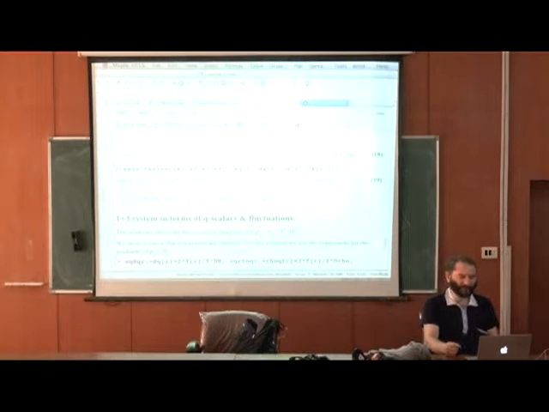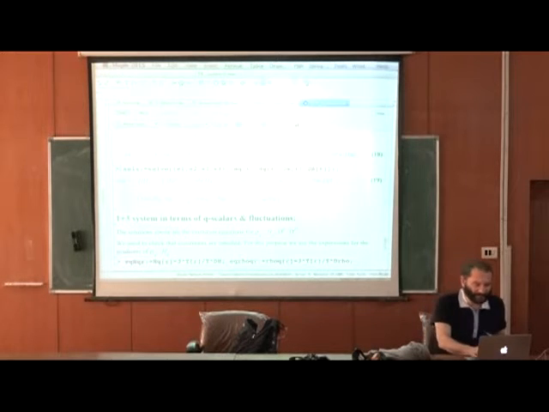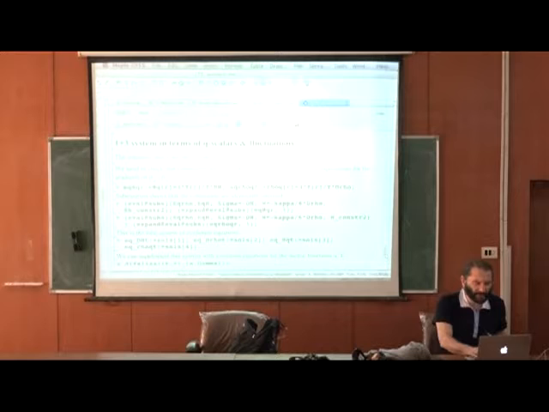These are the equations, and they are correct. Right? They are correct. See, this is the 1 plus 3 system in terms of scalars and fluctuations. The solutions above are the evolution equations for these objects here. Now, we need to check that the constraints are satisfied. For this purpose, we will use the expression for the gradients.